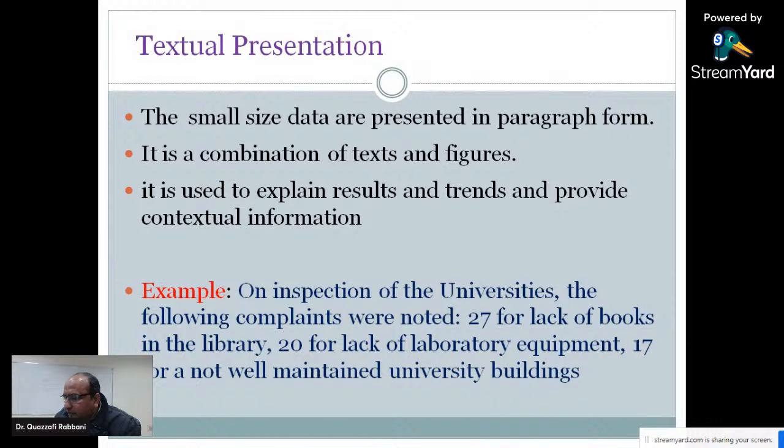So this is information related to inspection of the university, and this information is given in text form. Because the information is short, with very little data, it can be written in textual form.